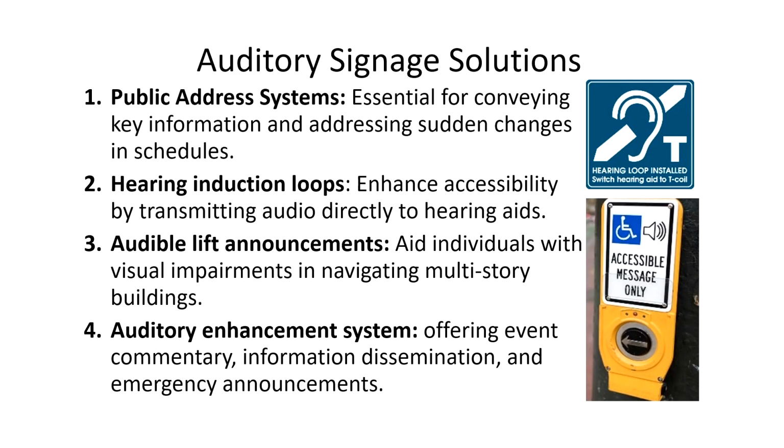The public address system, which is PA. The public address systems are essential for delivering important information and addressing sudden changes or delays in transportation schedules. They play a critical role in assisting individuals with cognitive impairment by reinforcing key messages auditorily.